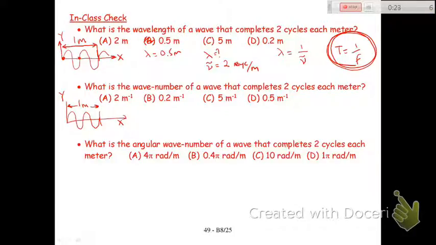Wave number is like frequency. Wave number is the number of waves in 1 meter, like frequency is the number of cycles in 1 second. Wave number is the number of wavelengths in 1 meter.